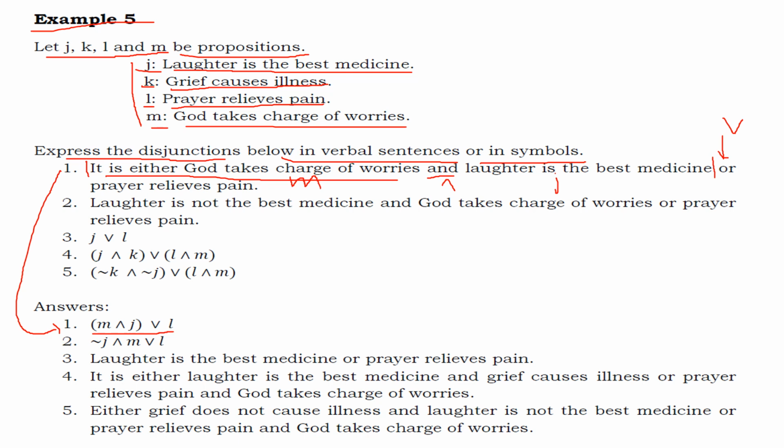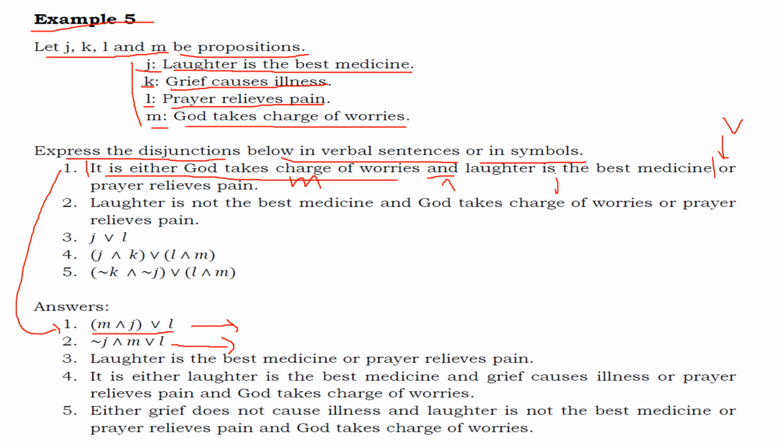Now, the resulting value for that conjunction will be combined to L using disjunction. That's why it is now M conjunction J disjunction L. Now, for number 2, we just simply follow the dominant order since there is no parenthesis being involved.